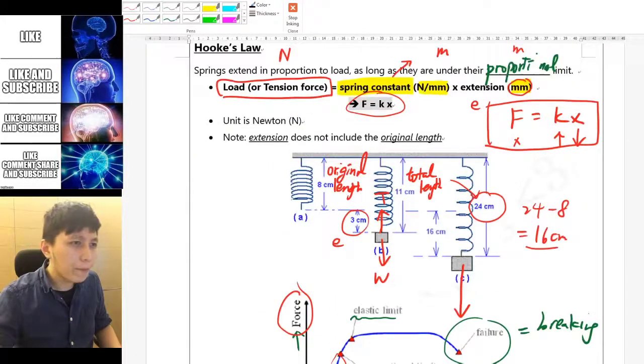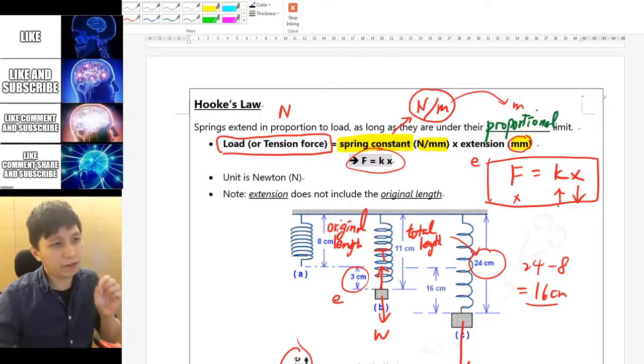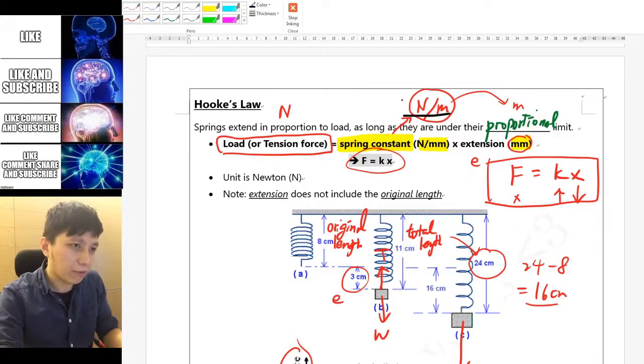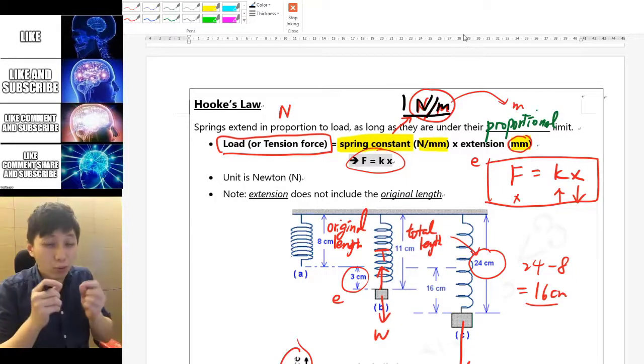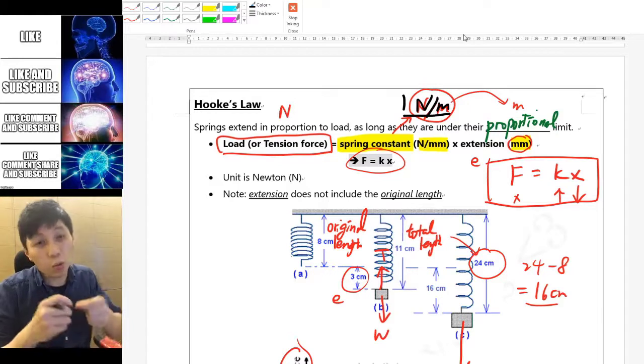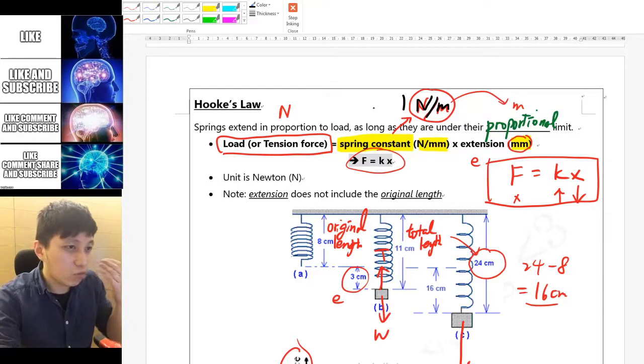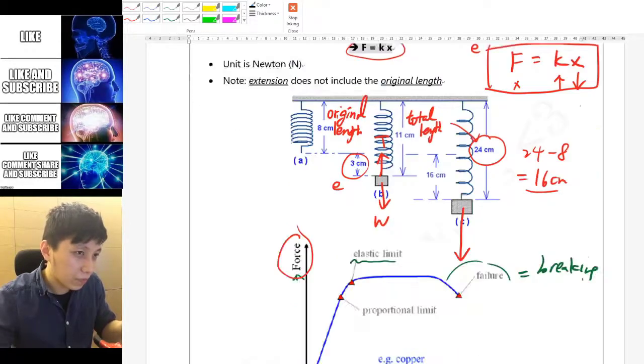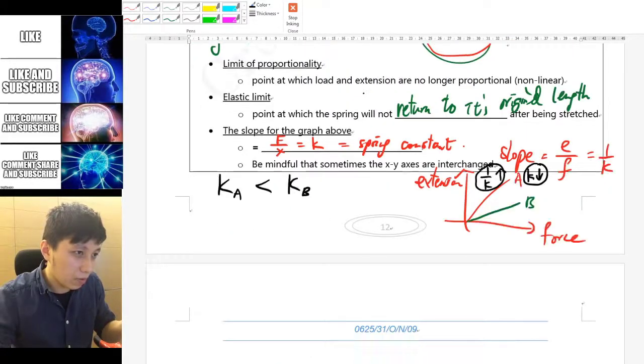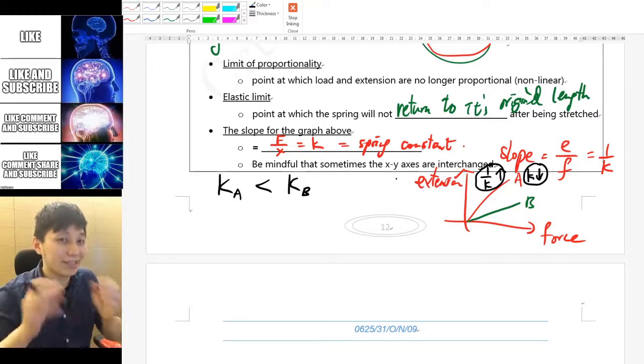Then if we refer back to the definition of spring constant, or by looking at its unit again, for example, if you have 1 Newton per meter, that means if you want to pull 1 meter, you need 1 Newton. Okay, so that means if you have a greater number, you need more force, a stronger force, to pull the same length.